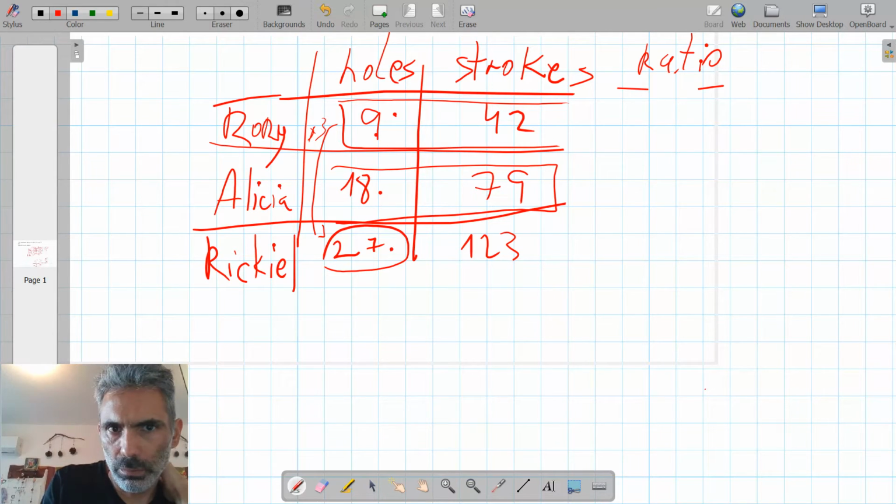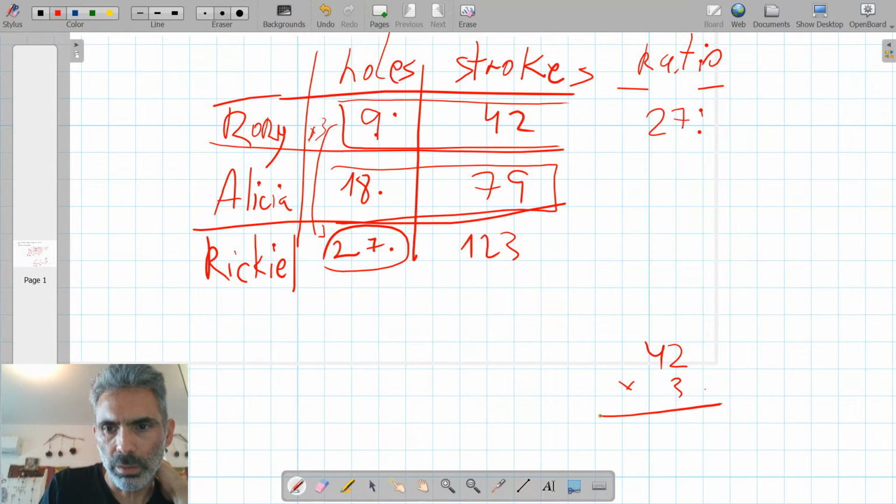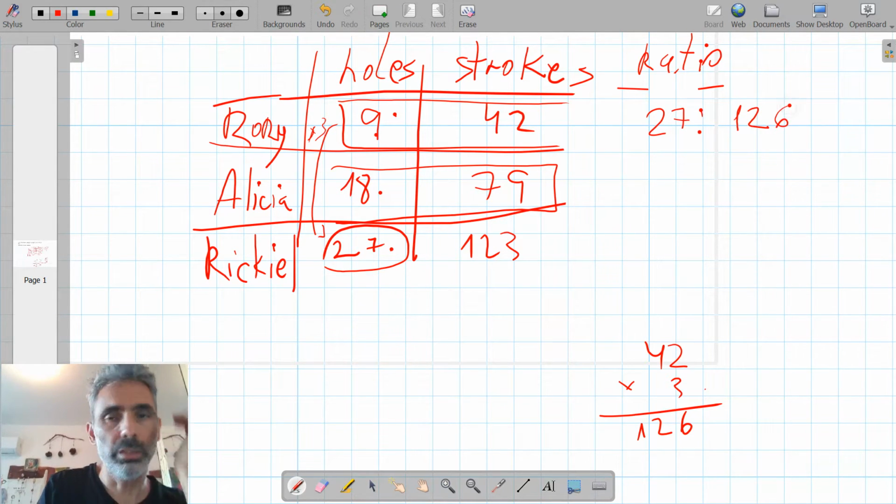So the ratio of Rory is 27 to, now I need to multiply 42 times 3. 3 times 2 is 6, 3 times 4 is 12. So Rory's ratio is 27 to 126.